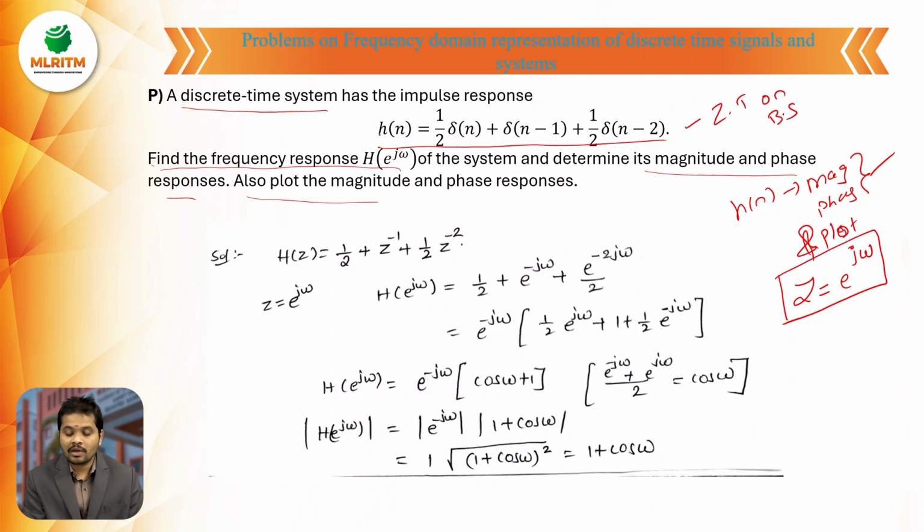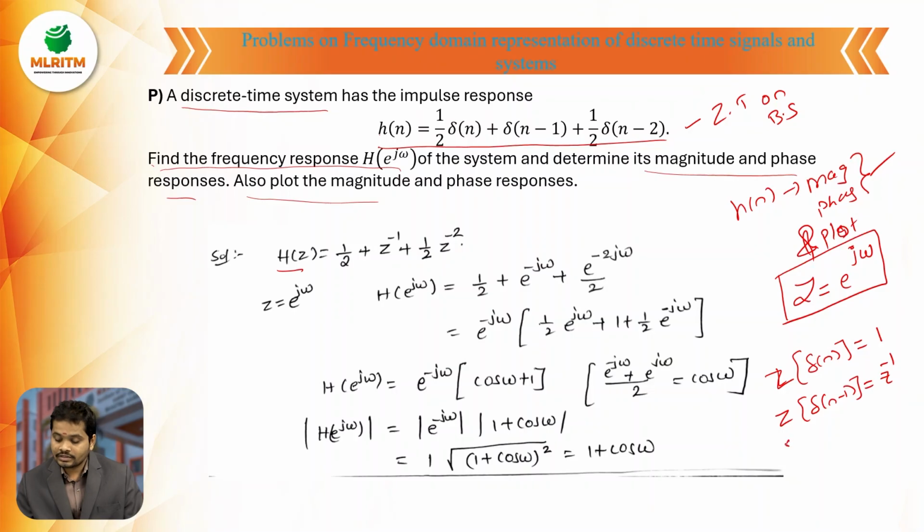The z transform of h of n is h of z, equals 1 by 2 times z transform of del of n, which is 1, plus z transform of del of n minus 1, which is z power minus 1, plus 1 by 2 times z transform of del of n minus 2, which is z power minus 2.